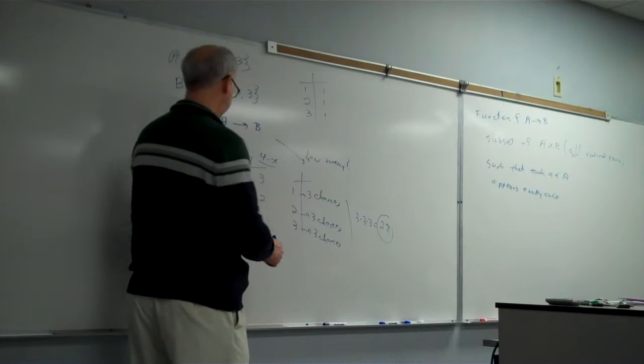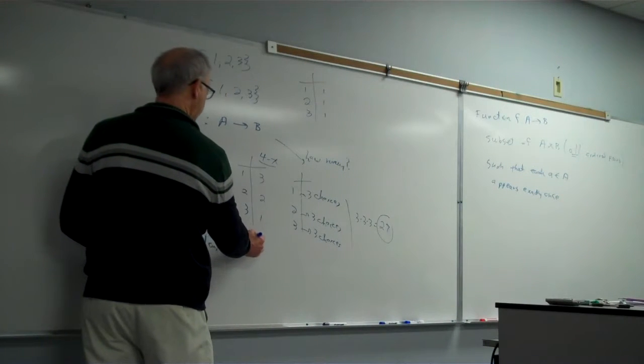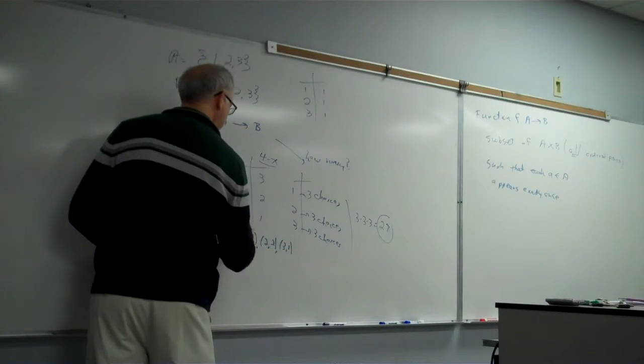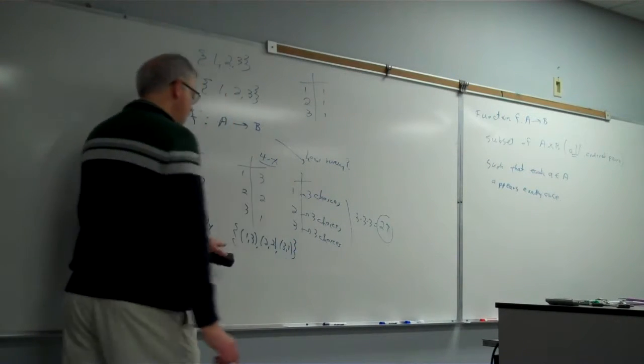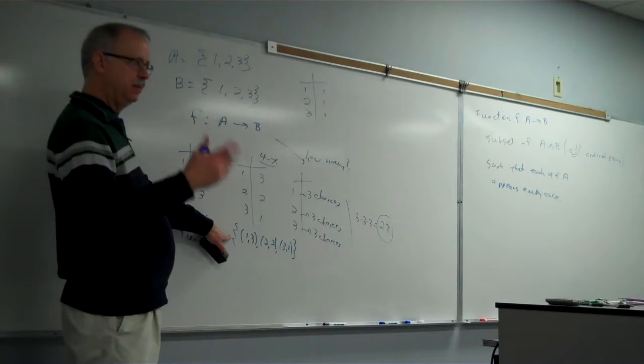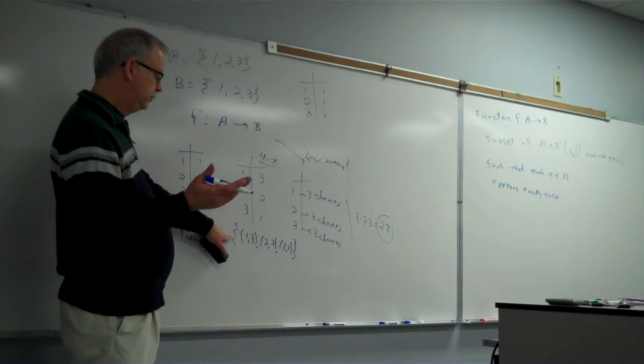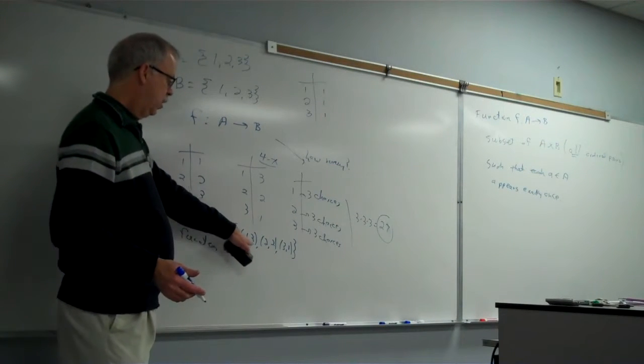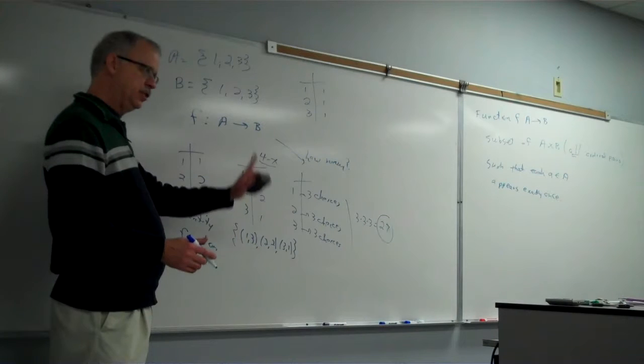So we could describe, say, this function, (1,3), (2,2), (3,1). That's not all of the 9 ordered pairs, but it is a subset where each A appears exactly once.